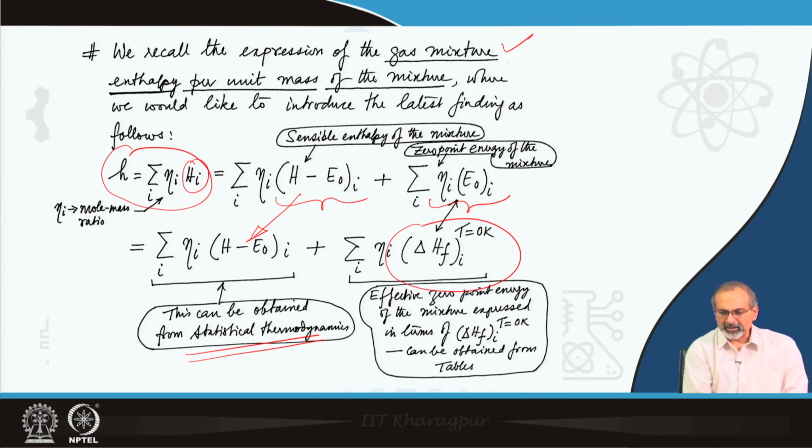So, this will be called an effective 0 point energy of the mixture, which is expressed in terms of delta HF at T equal to 0 for each and every species, and incidentally this can be obtained from tables, which is a big convenience.